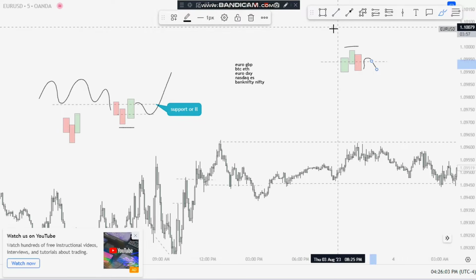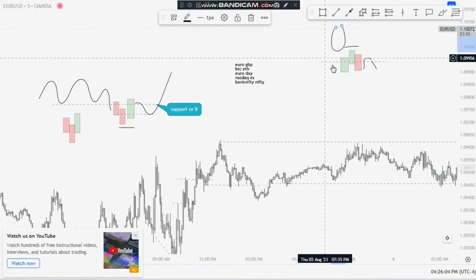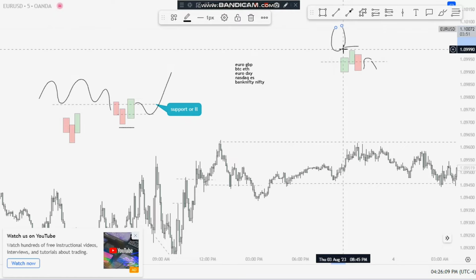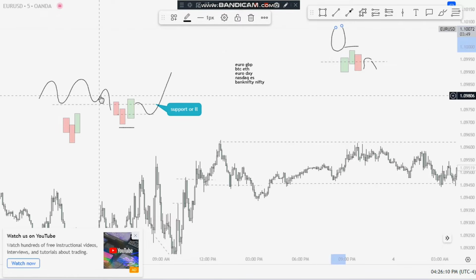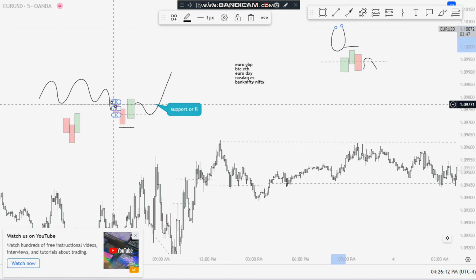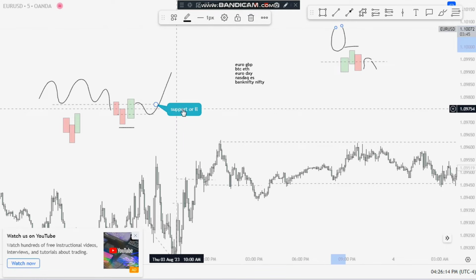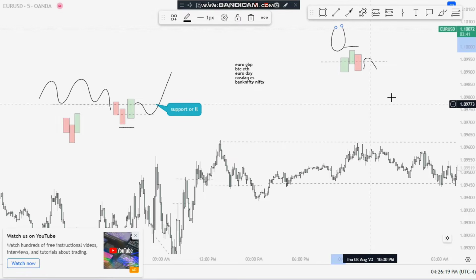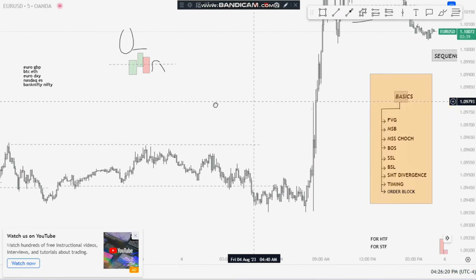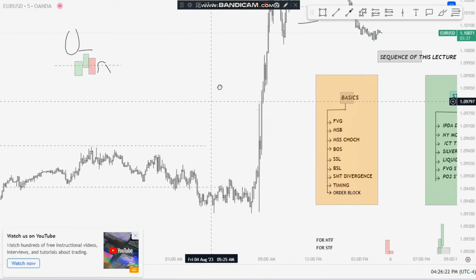It can form around here too. So it will form above the resistance or above this important liquidity level, and the bullish order block will form below this resistance or below this important liquidity level. Again, I will discuss in detail how to enter into such trades.